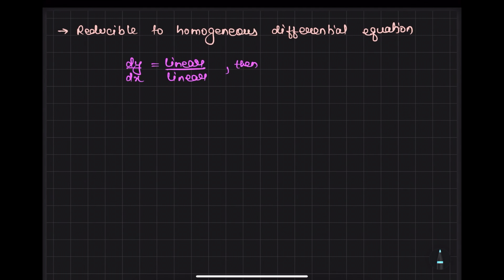So, we are back with a wholesome new session where we will understand how to reduce our question into a homogeneous differential equation. So, we have a condition that we should have dy by dx equals linear by linear.